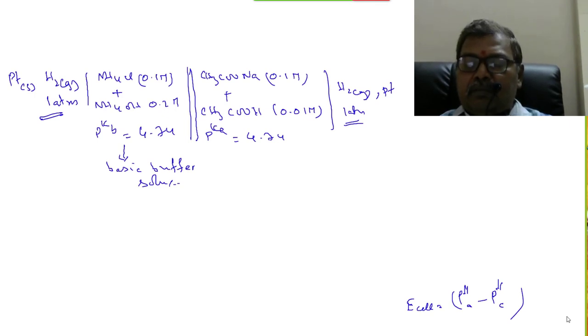Sodium acetate is a salt of a weak acid, acetic acid, and sodium hydroxide. CH3COOH is acetic acid, sodium hydroxide is a strong base. Therefore, it is a salt of a weak acid and a strong base. Next, CH3COOH is a weak acid. So this solution is nothing but a mixture of a weak acid and its salt with a strong base. Therefore, this solution is an acidic buffer solution.